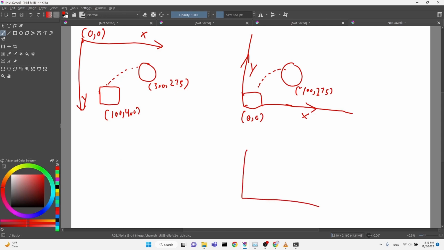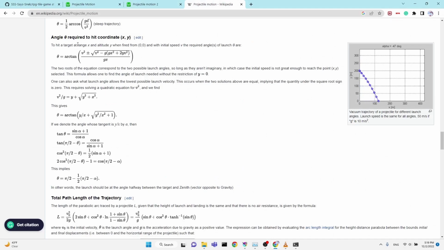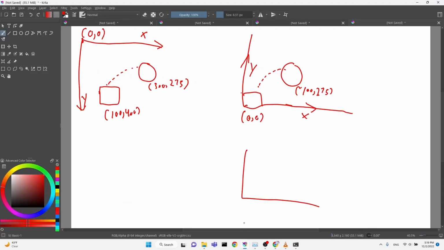Now, Wikipedia says that this formula only applies when fired from 0, 0, right? Well, our positions aren't always fired from 0, 0. In fact, they're probably not fired from 0, 0. So we're going to have to offset some things, right?